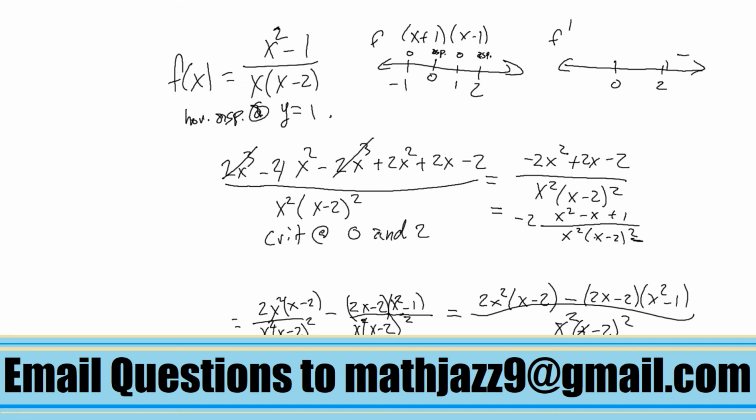So when we go from this region to this region, we do not change signs because the power here is even. When we hop from this region to this region, we don't change signs either because this is an even root, so this is negative. So our derivative is always negative, except at the places where it's undefined. So what that tells us is that we are decreasing everywhere, except of course where we're undefined. Okay, so that is some more work that we'll need to clear out.